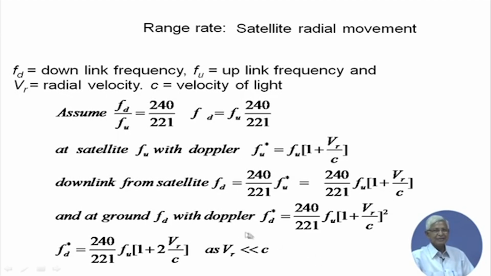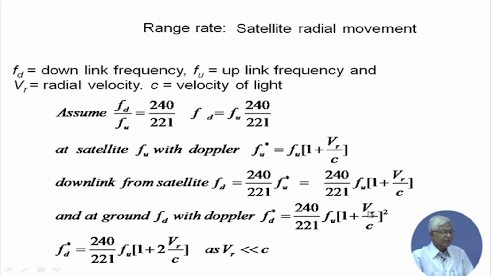So, on the earth station the received downlink frequency will have certain Doppler, which is again 1 plus VR by C. So, the whole thing, the downlink frequency star, which is the downlink frequency plus the Doppler, is equal to 240 by 221 FU into 1 plus VR by C whole square, because it is happening 2 times. I mean, it is going up and down. So, that is why it is squared.